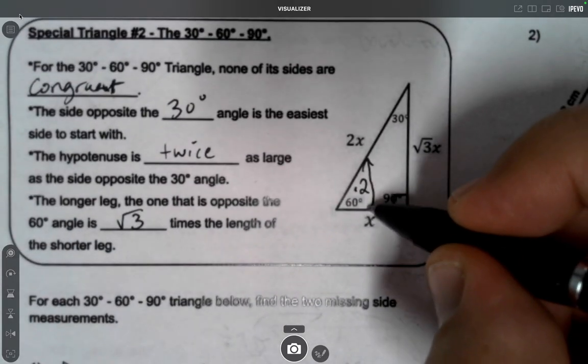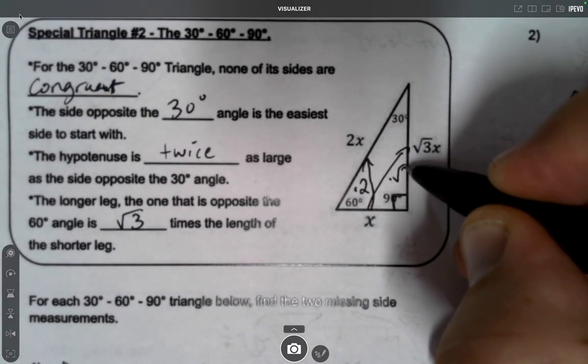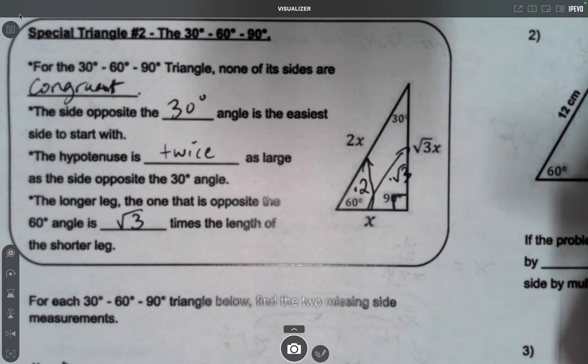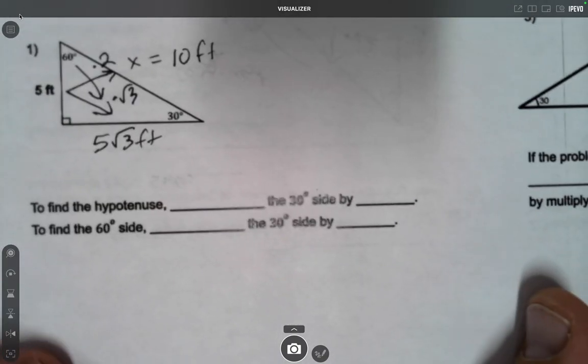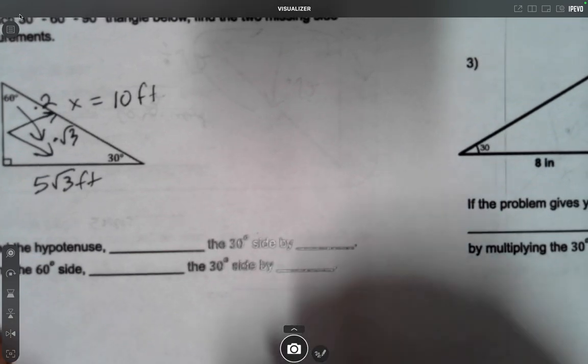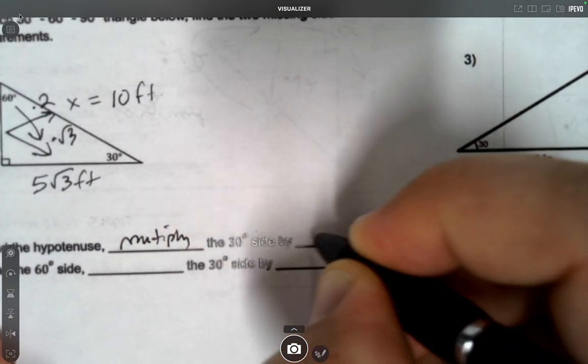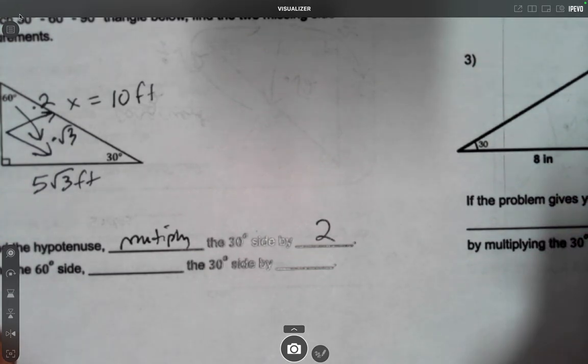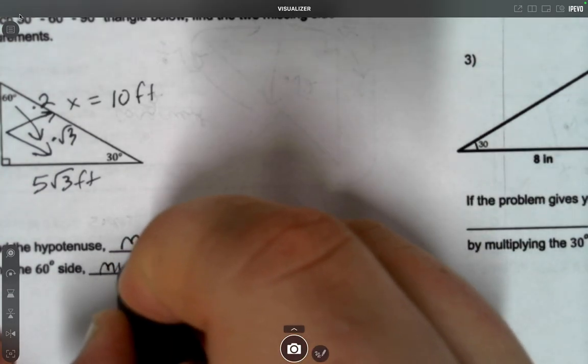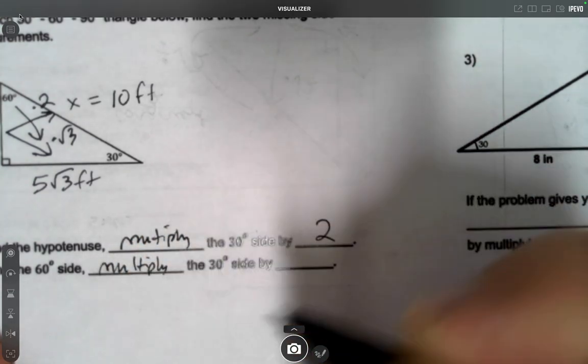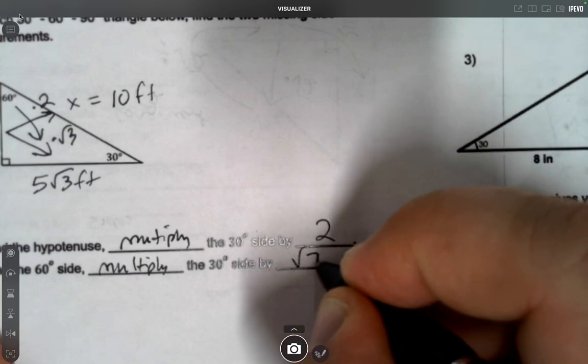To go from here to here, we multiply by the square root of 3. So to find the hypotenuse, multiply the 30 degree side by 2. To find the 60 degree side, multiply the 30 degree side by the square root of 3.